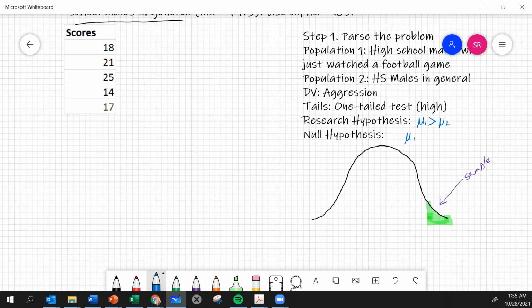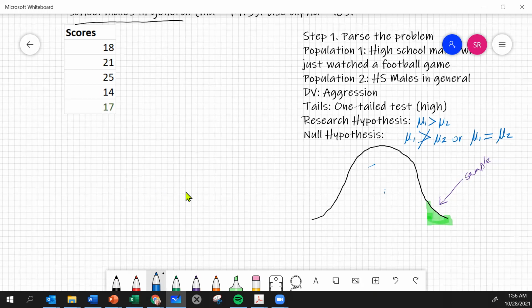The mean for population one will not be higher than the mean for population two, or we could say the mean for population one will be equal to the mean for population two. And of course, when we say equal, we just mean that that score would fall somewhere in this white non-shaded area of the distribution. That is, it's not significantly different.